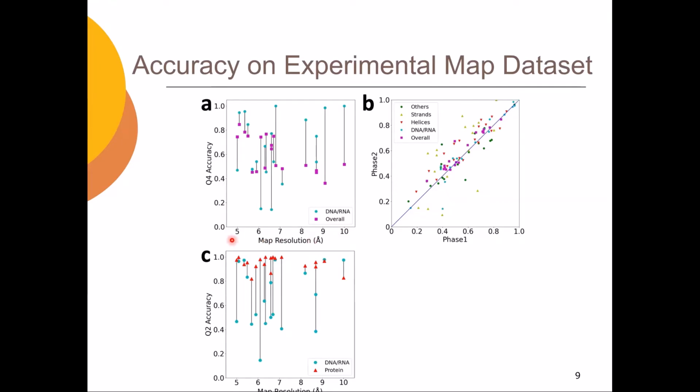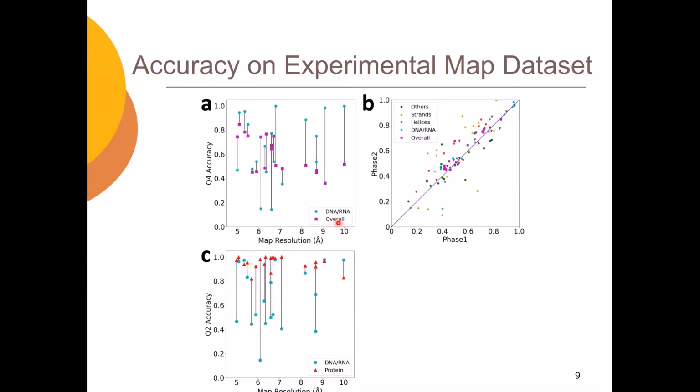The x-axis shows the map resolution. The cyan shows the DNA and RNA detection. Interestingly, the position of nucleic acid, DNA and RNA, can be detected very well even at very low resolution, 8 to 10 angstrom. The detection accuracy does not drop much.